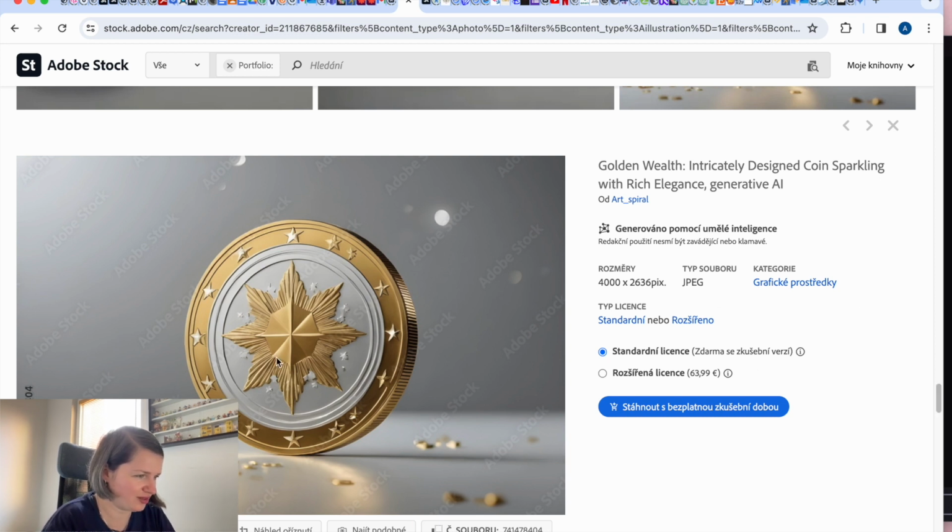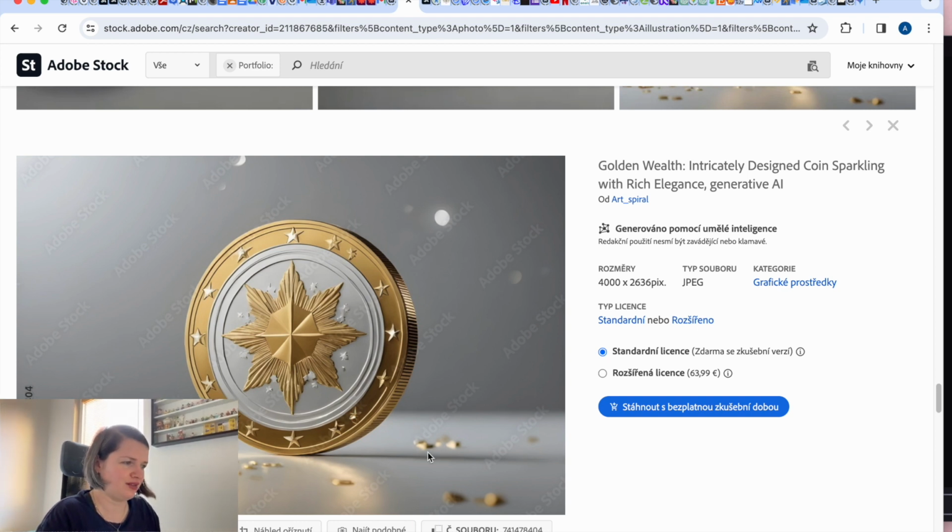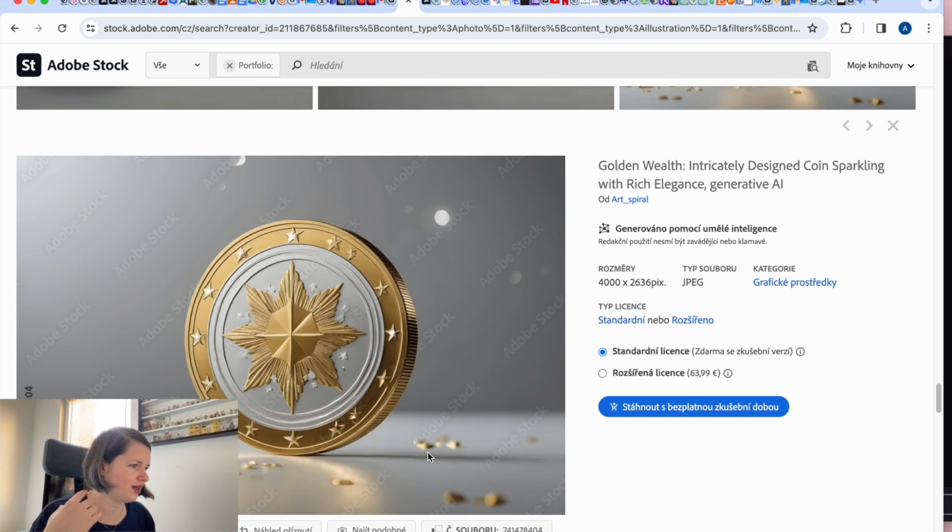It's like a weird coin that, you know, the stars here are not really what they are supposed to be. It's not, I think, any kind of currency, right? So it doesn't create an association with wealth. It's just some weird looking gold coin on a gray background.